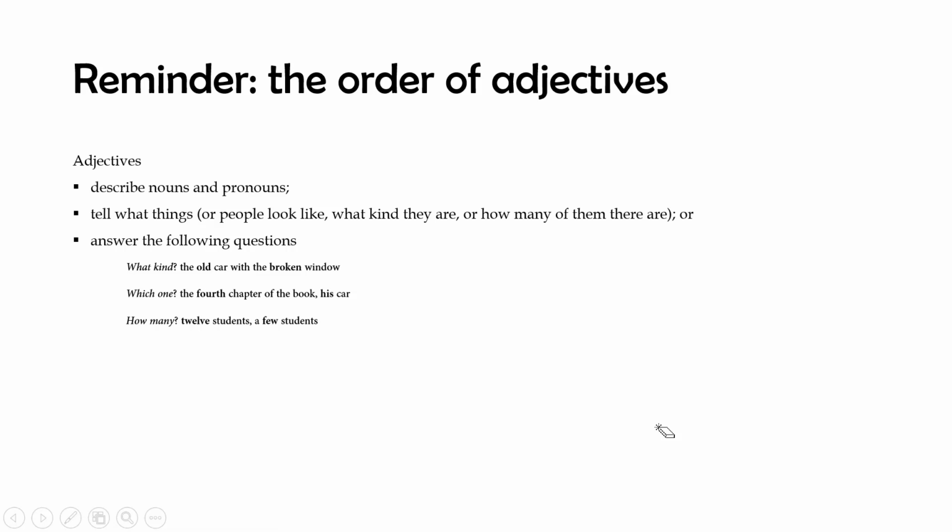Adjectives tell what things or people look like, what kind they are, how many of them there are. Adjectives answer the following questions. What kind? For example, the old car with a broken window. Which one? The fourth chapter of the book, or his car. How many? 12 students or a few students.